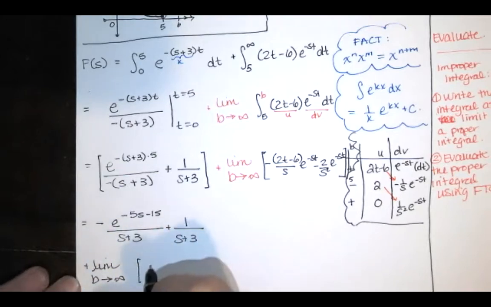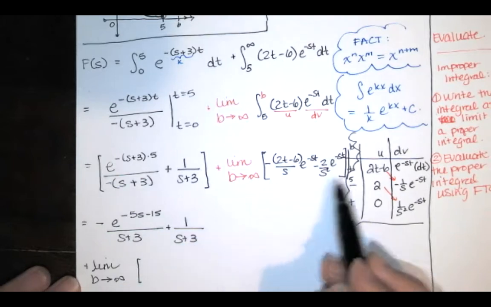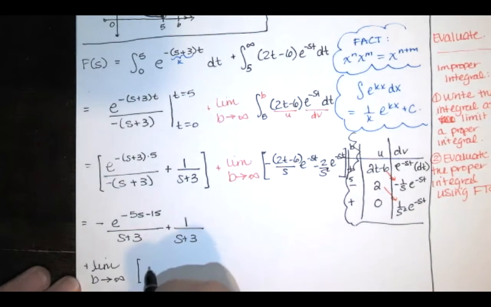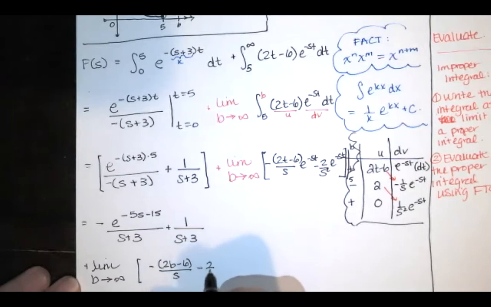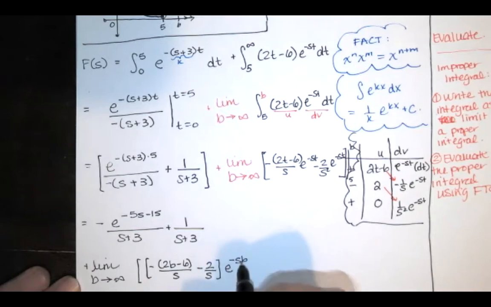When I substitute b, let's actually factor out the exponential. This is what I get. I get 2b minus 6 over s minus 2 over s squared. And all of that is multiplied by e to the negative s times b.